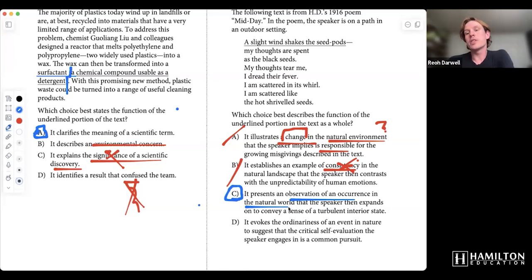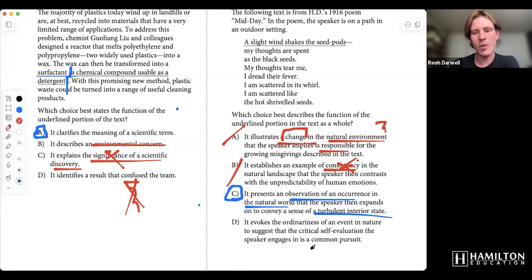And then the speaker expands on to convey a sense of a turbulent interior state. Perfect, right? So they expand on this idea of the seed pods being shaken and say, this is sort of how I feel. I'm scattered in the world. I'm scattered like these hot shriveled seeds, right?